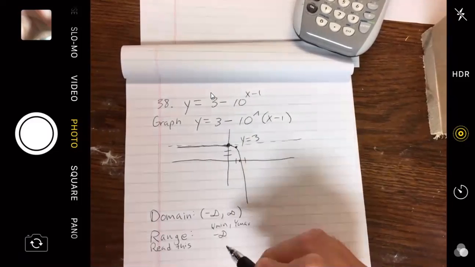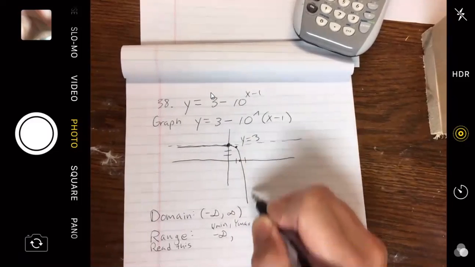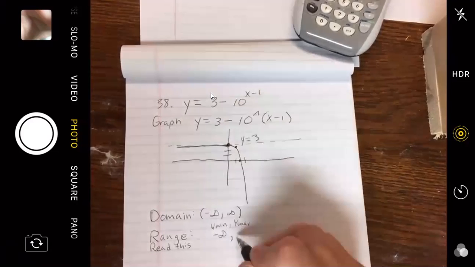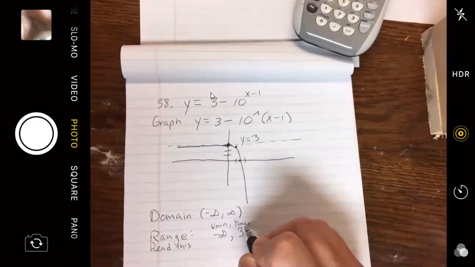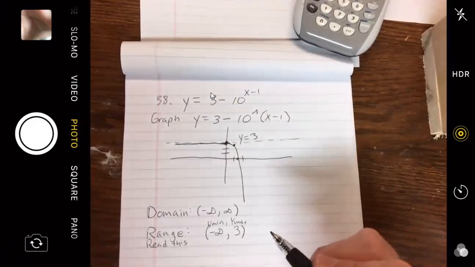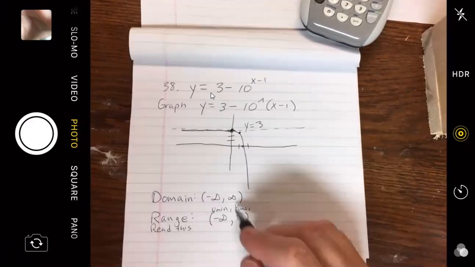Well, this is going down to negative infinity. You're coming up and you're bending below 3. You're not getting above 3, but again, it does not touch 3. So, any questions about that?